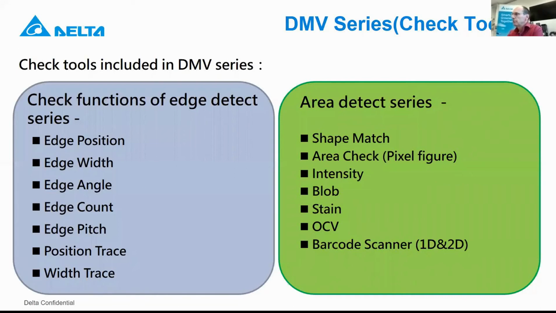Intensity, blob. A blob is a cluttered group of black or white pixels. Stain, OCV, verifying characters, but also barcode reading, 1D or 2D. Those are all the functions that are standard available in all 3 DNV controllers.